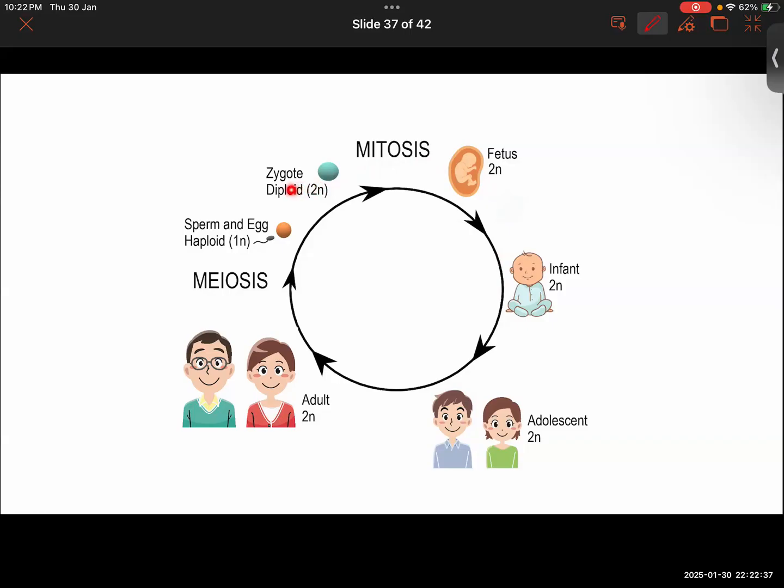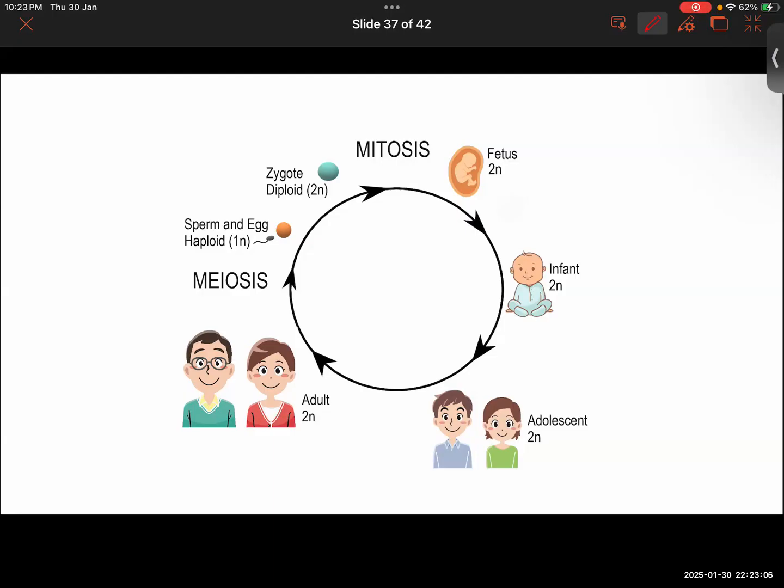So after the fertilization has taken place, which type of cell division is being carried on here? Is it mitosis or meiosis? It's mitosis. Okay. Any questions from this? No, sir. Okay.